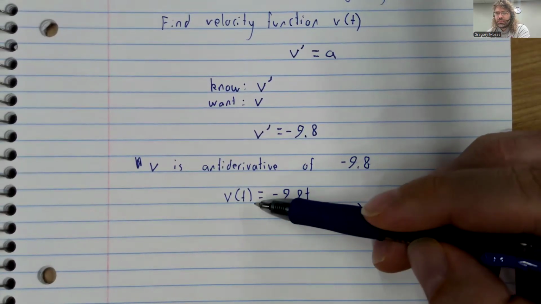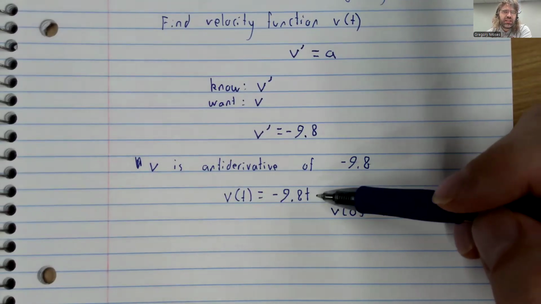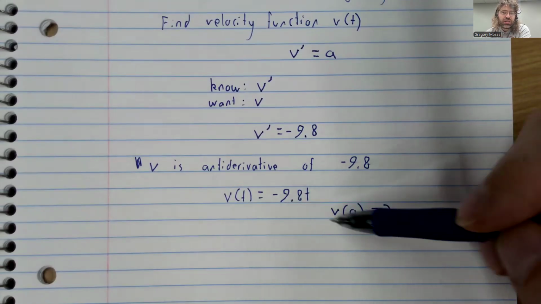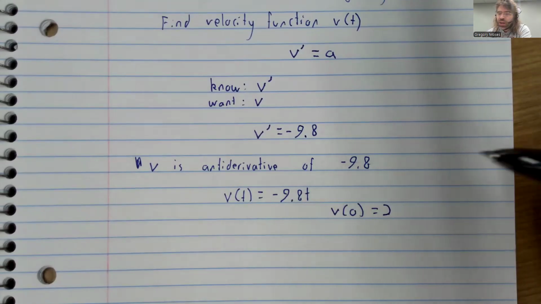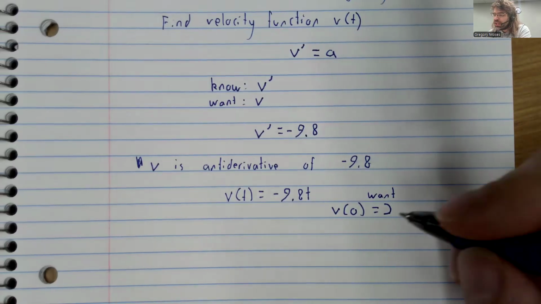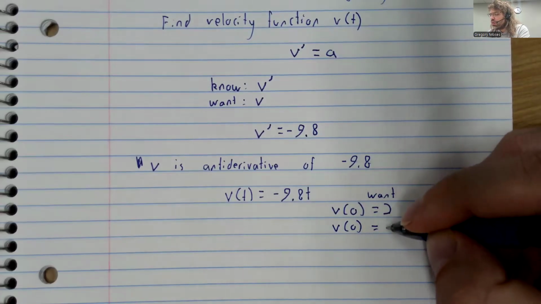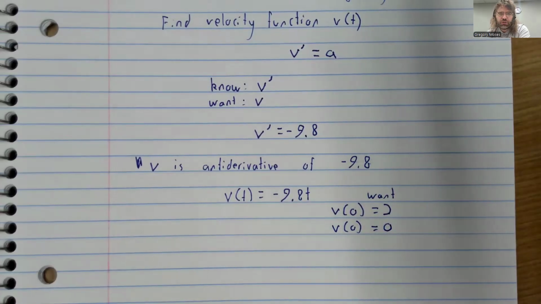And the antiderivative we found, negative 9.8 times t, does not have this property. We want v of 0 to be 2, but in fact, v of 0 equals 0. So does that mean that we've hit a dead end? Does that mean we have to give up and start over again?